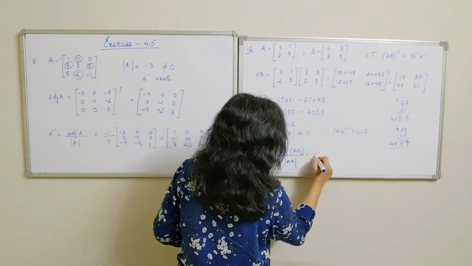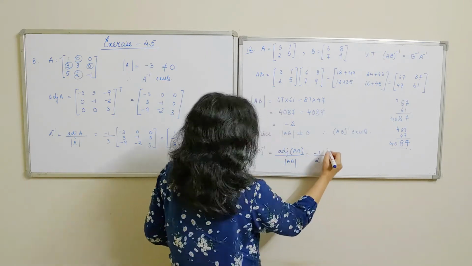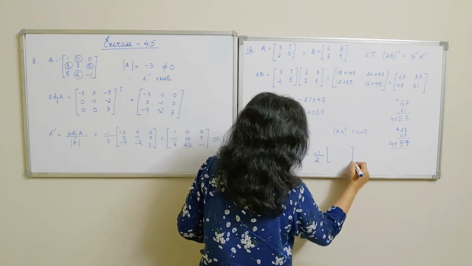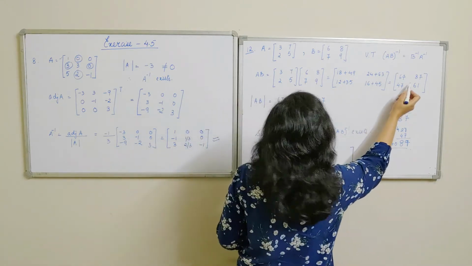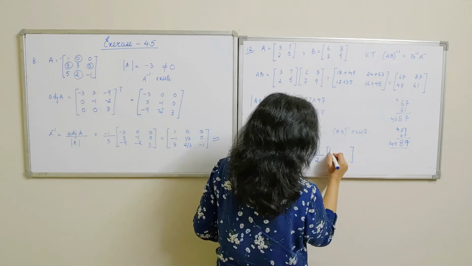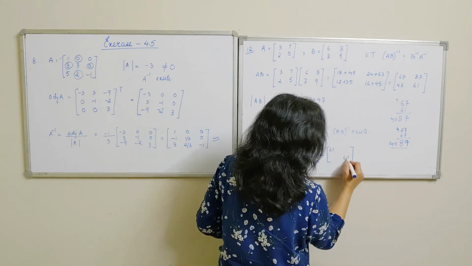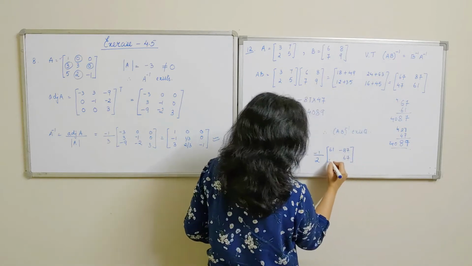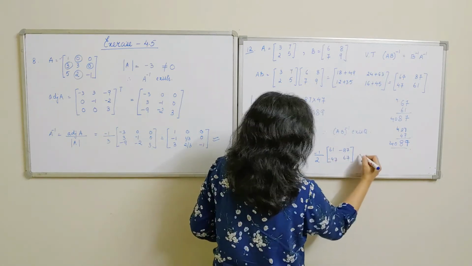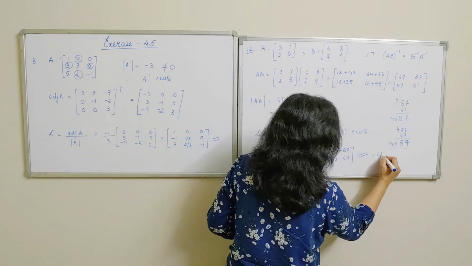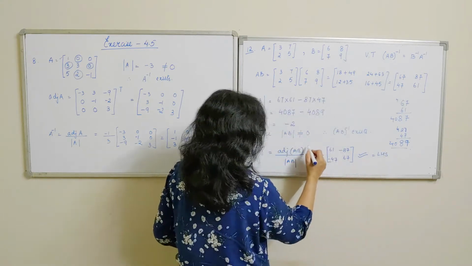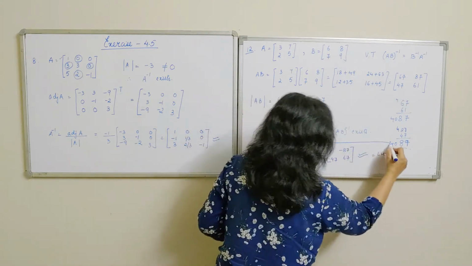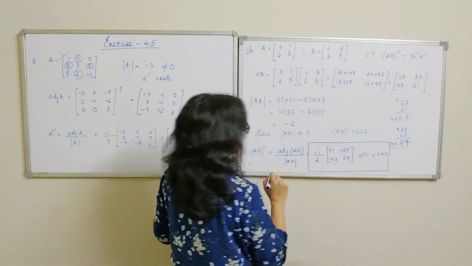So determinant we have seen is minus 2. Adjoint, because it's a 2 by 2 matrix, we can directly find out. This is the product matrix, so interchange the diagonal elements and change signs of diagonal elements this way. So this is basically the left hand side that we have obtained. So I'll put this in a box, the left hand side.